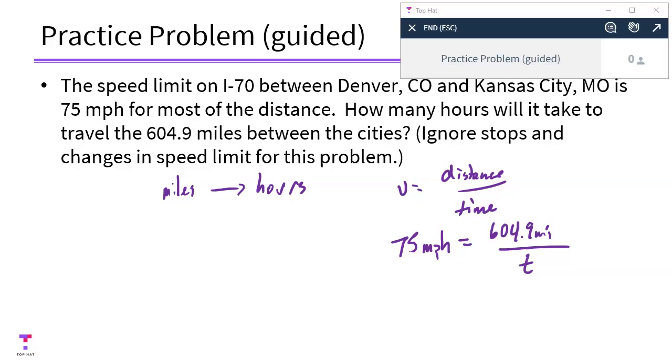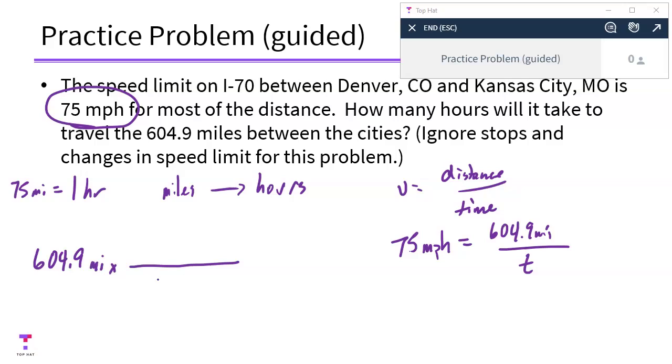The other approach would be the dimensional analysis approach. With our idea of speed here, 75 miles per hour, we know that 75 miles is equivalent to 1 hour of our time. We could use that as a conversion factor. Starting with 604.9 miles, we are turning miles into hours.